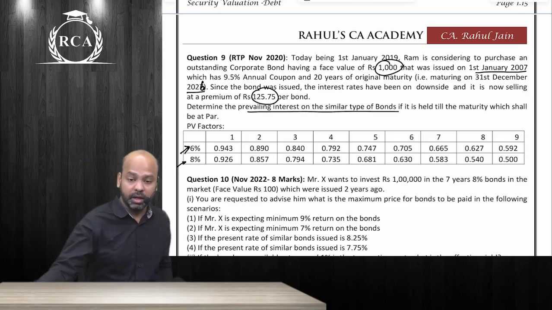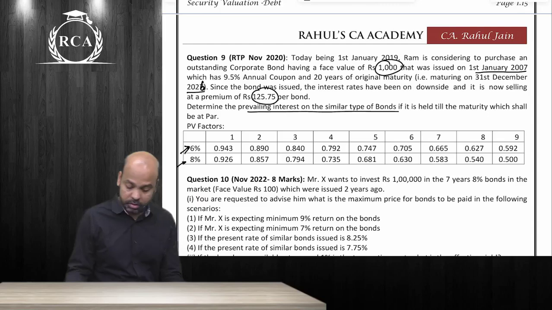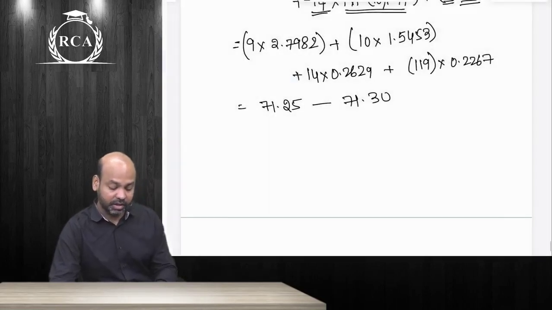The prevailing interest, that is yield, should be calculated using the IRR method. Alright, you can write the details better and then start solving.